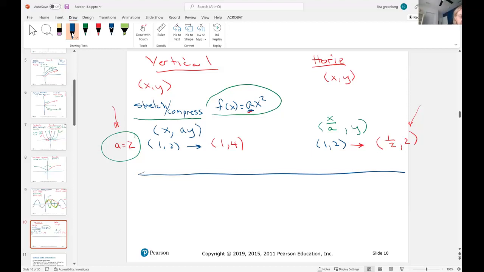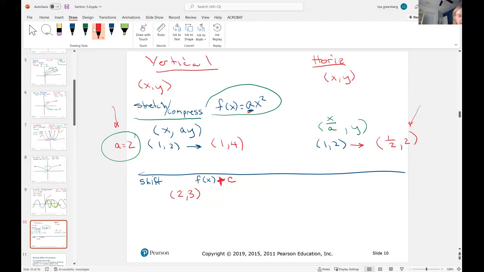If I have a shift, and I start with 2, 3, and I have f of x plus c.